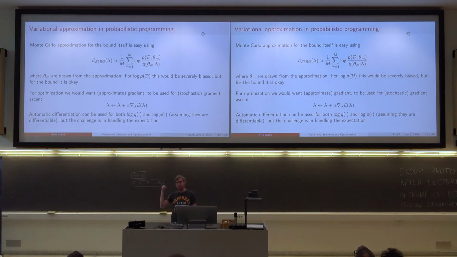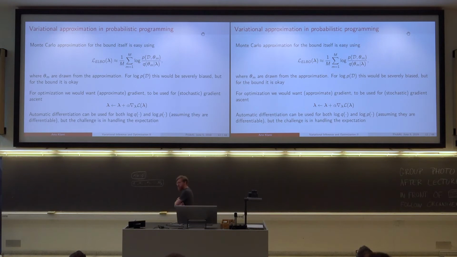This is actually something you could already use to debug coordinate ascent variational inference. You've written your function for computing the evidence lower bound. You can also write a Monte Carlo estimator for that and see that they match. If they don't match, you probably made a mistake in one of these, most certainly in the analytic derivation, which is much more complicated than this.